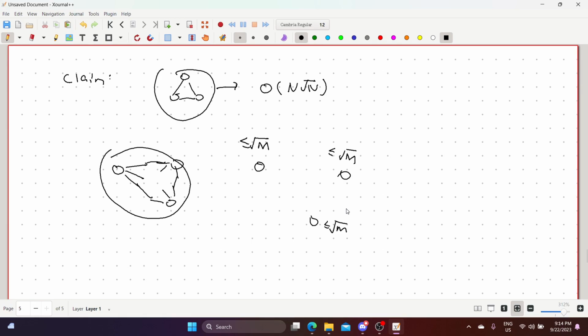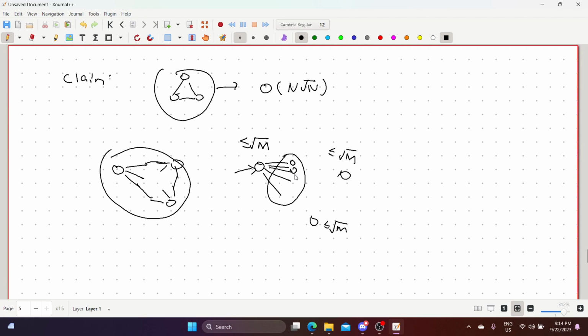If the vertices have small degree, what we can do is that for each vertex, we visit each of its neighbors, and for each of these, we mark them as visited.